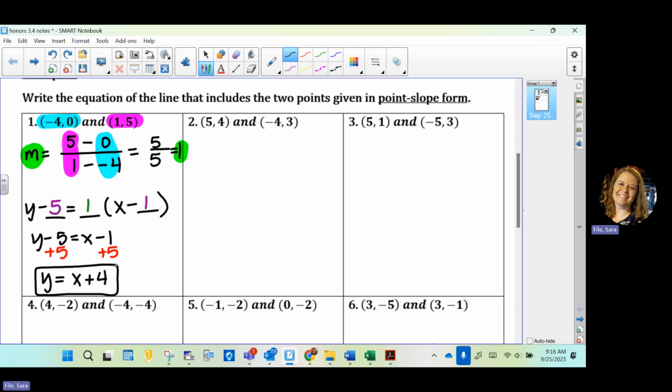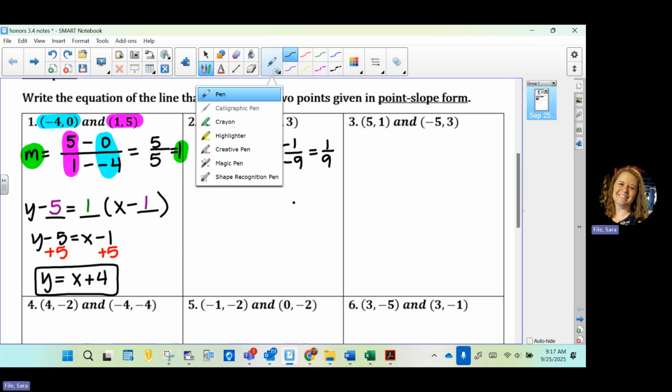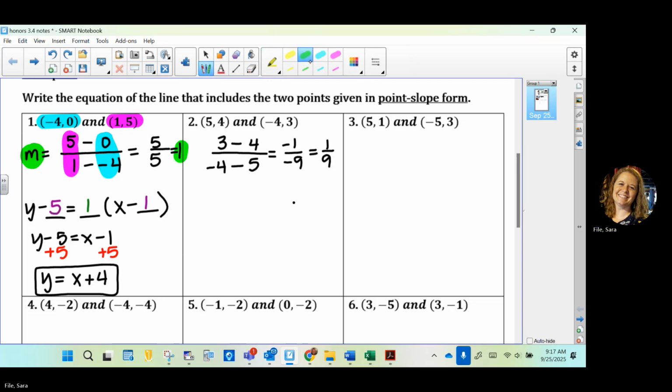All right, then let's do it with number 2. Same idea. Okay, my slope will be my change in y over my change in x. So if I go 3 minus 4 over -4 minus 5, I get -1 over -9. So that's just +1/9, right? So then I'm going to take that value, that's my slope, and I'm going to plug it in.